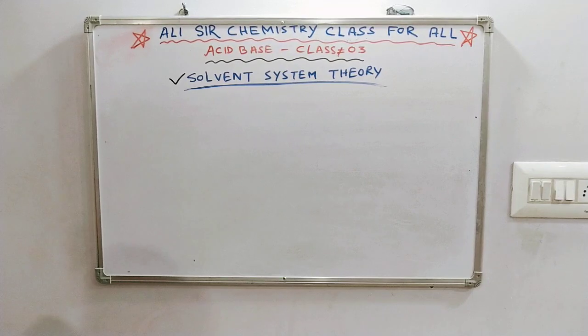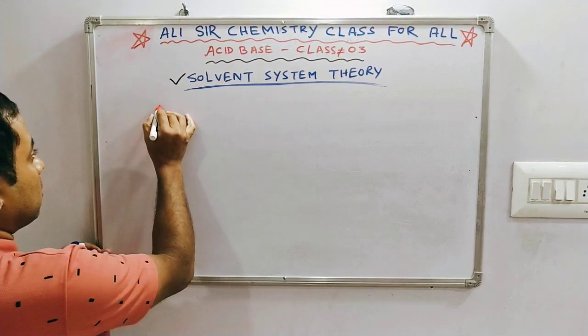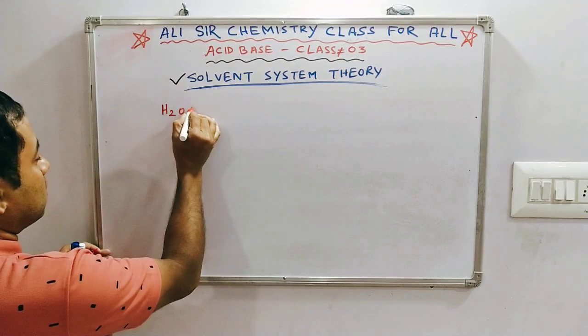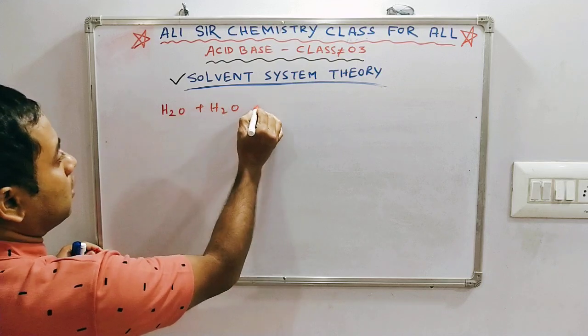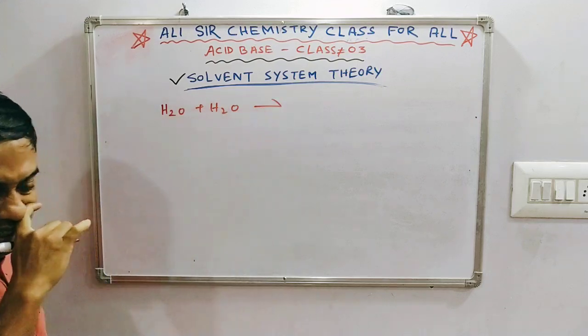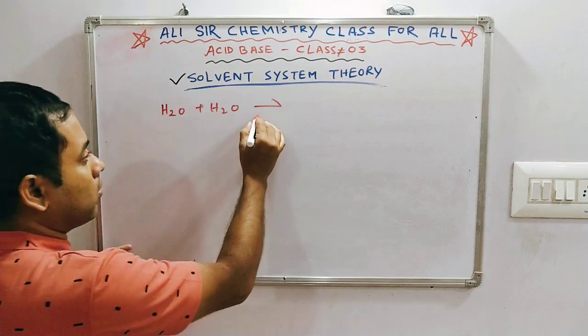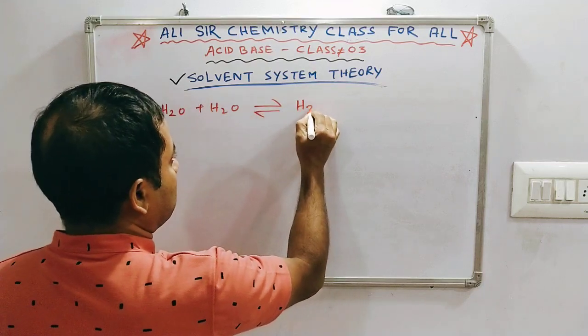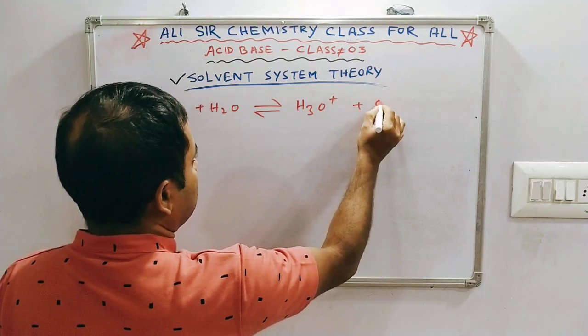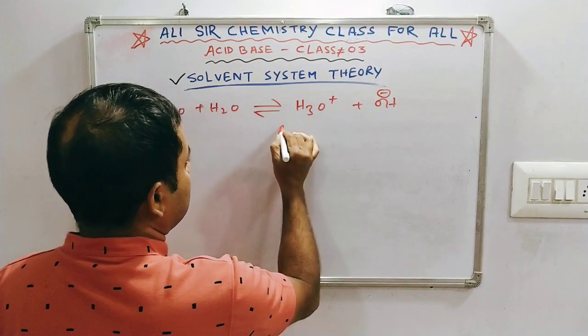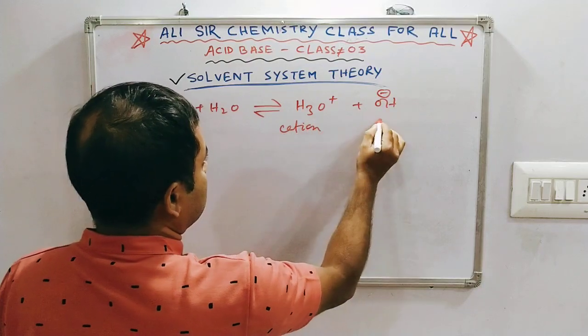So first we are taking the example of the water molecule. Water molecules auto-ionize, I have already written before, to H3O plus and OH minus. So this is cation and this is anion.